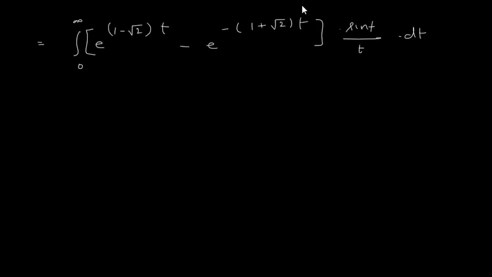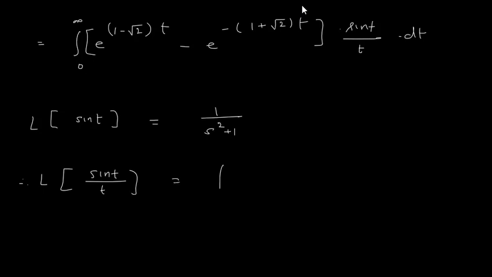So now here I will first find the Laplace of sin t. Laplace of sin t, I will get 1 upon s square plus 1. Therefore Laplace of sin t upon t, we will get the integral from s to infinity of 1 upon s square plus 1 ds, which will be equal to tan inverse s.